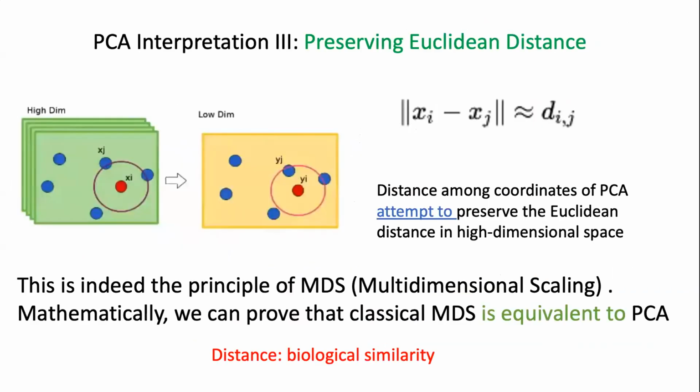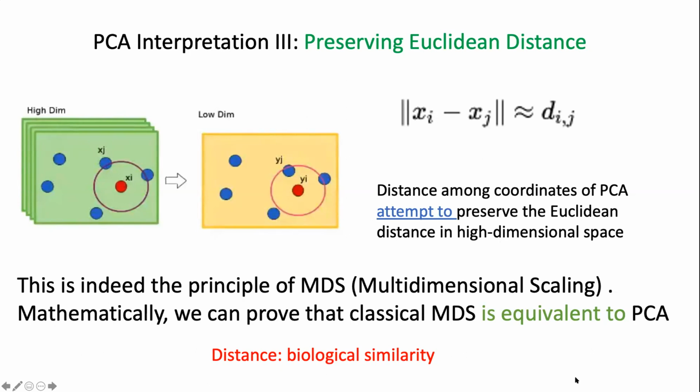The third interpretation, which we are going to talk about later, is preserving the distance. Because another main goal of whatever method is used for dimensionality reduction is to preserve the information in the original space in the reduced space. So PCA can be understood as preserving Euclidean distance.